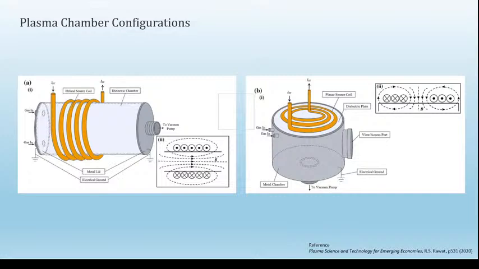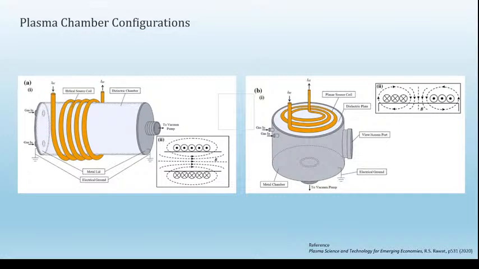With the planar RF coil, we are able to generate plasma near the plate across the entire area that the coil covers.